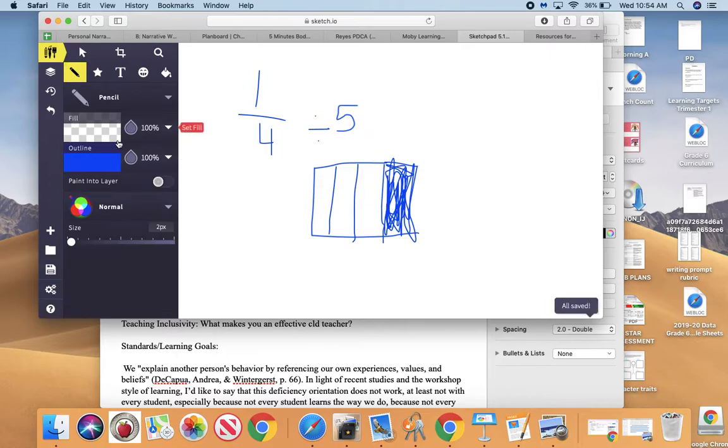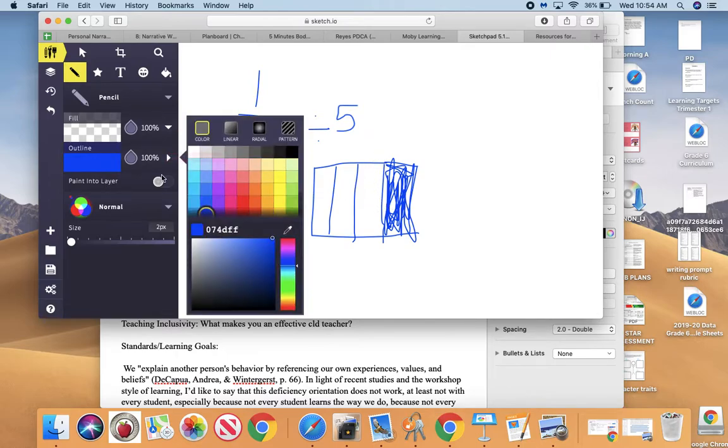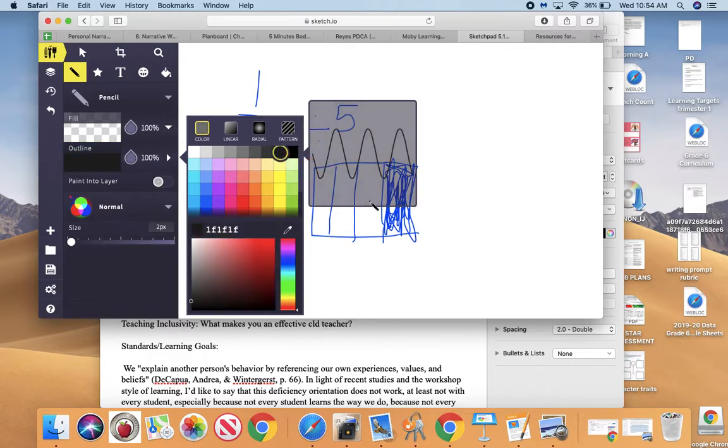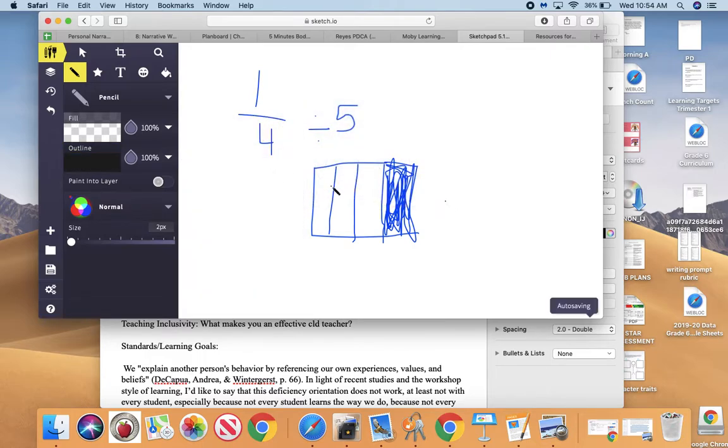because that's 1/4. Then I'm going to take my pencil and I'm going to separate it into fifths, and I'm going to do it the other way because I already have things coming down this way, so I'm going to do it horizontally. I'm going to divide it into fifths, to have 1, 2, 3, 4, 5.